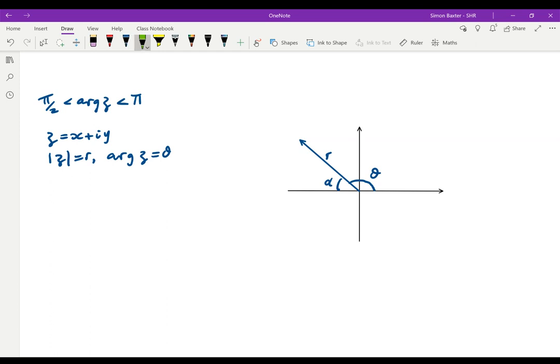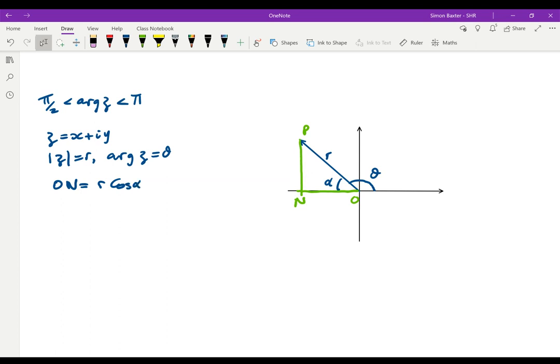Now I want to look at two distances, that one and that one. Let's suppose that this is P, N, and that obviously is the origin O. Then, if we look at ON, that is r cos alpha.